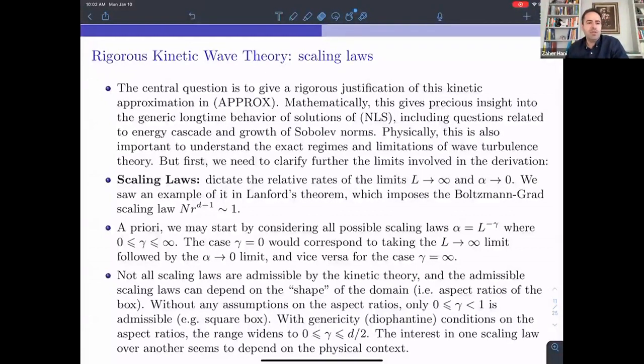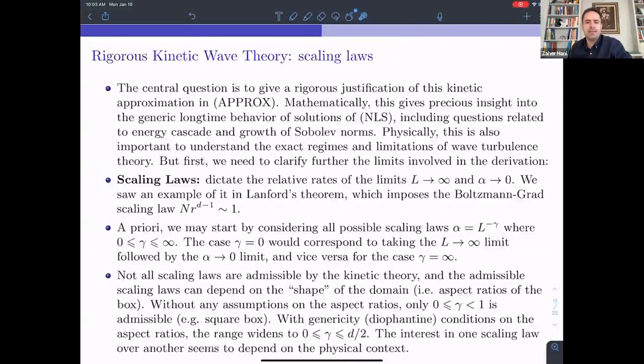Remember, in the Boltzmann theory, there was this famous Boltzmann-Grad limit, and in this limit, the Boltzmann equation is derived. There are similar things that should appear, what we call scaling laws, in this wave kinetic theory. A scaling law dictates the relative rates of the limits L goes to infinity and alpha goes to 0.